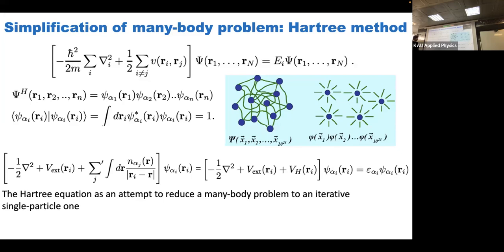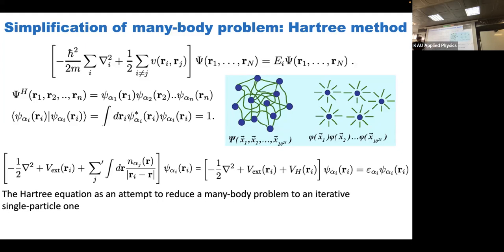What parts does it consist of? It consists of a kinetic energy part, minus 1/2 Laplacian. Then it consists of some external field. In this case, the external field is the field created by ions, by atoms, or it can be some other external field which you want.